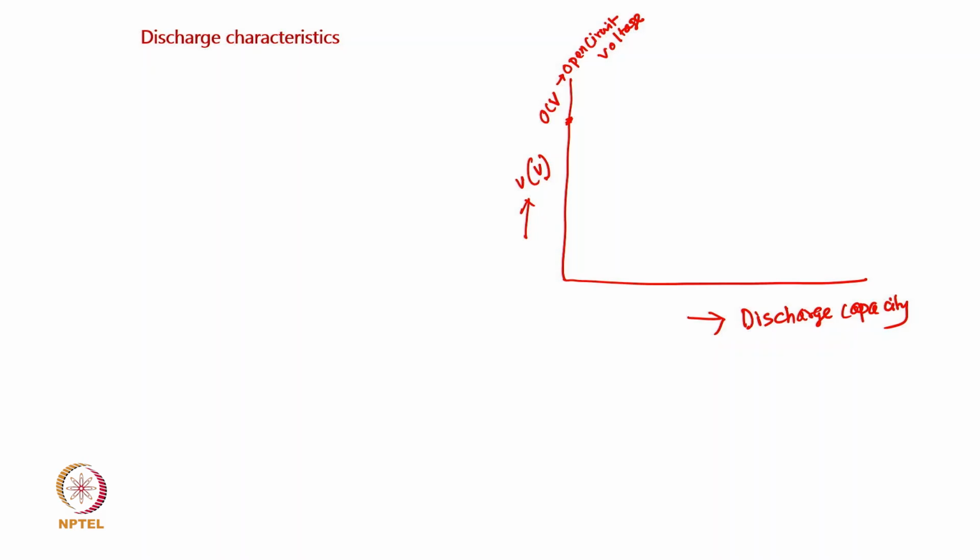All right. This is actually the voltage difference between the two electrodes, between anode and cathode. All right. So, this is the open circuit voltage, and then there is a drop in voltage which is called IR drop, which basically takes place because of all the resistances present in the lithium ion battery.